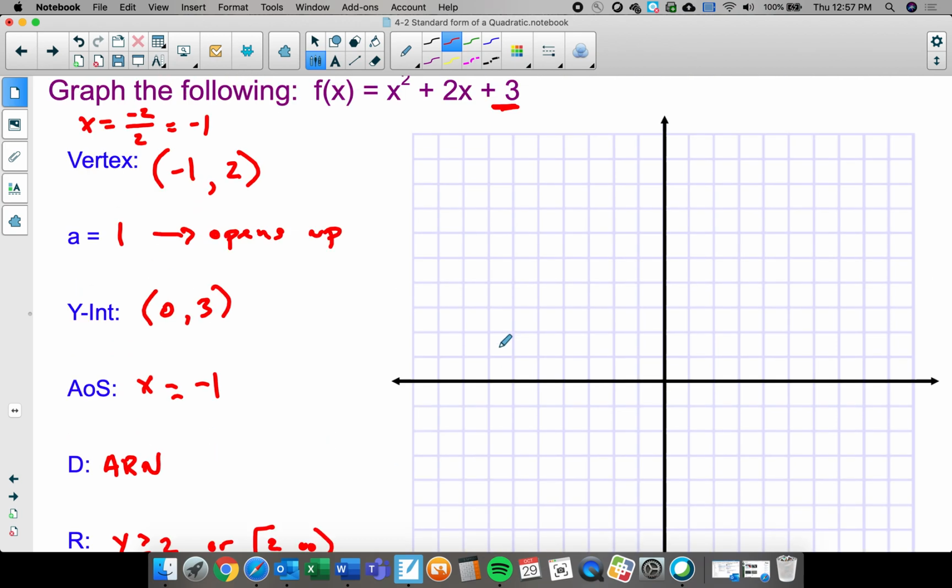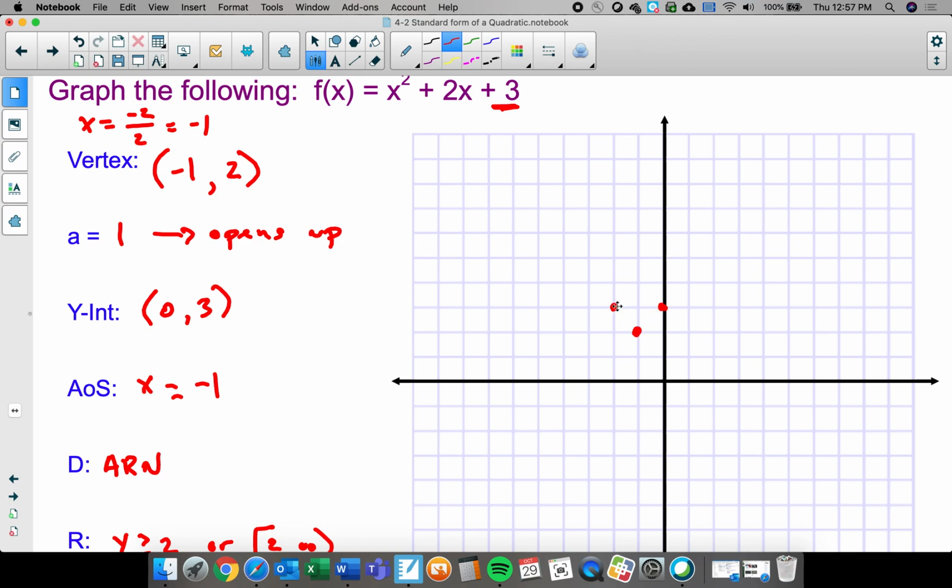Okay, so let's plot some points here and see what this looks like. Vertex is at -1, +2. Y-intercept is at +3. We know I have an a value of 1, so I can use that to find my first set. One of those points that will happen if I go up 1 over 1, it gives you the y-intercept, but I can also go the other direction.